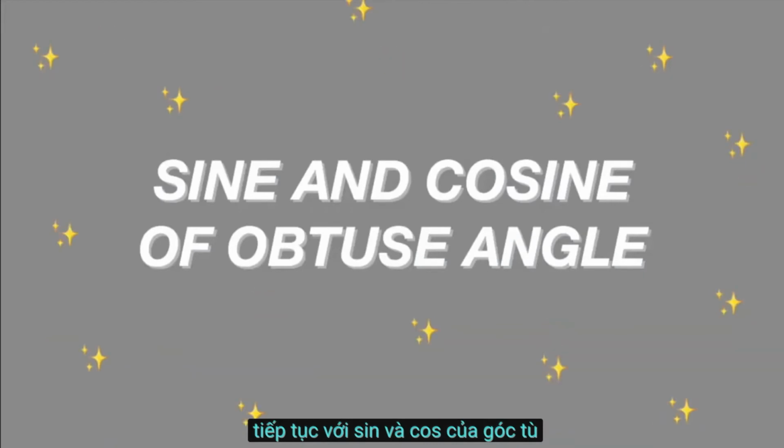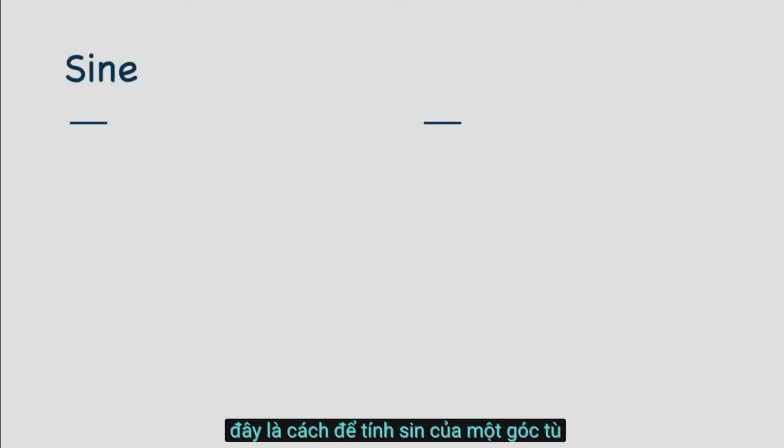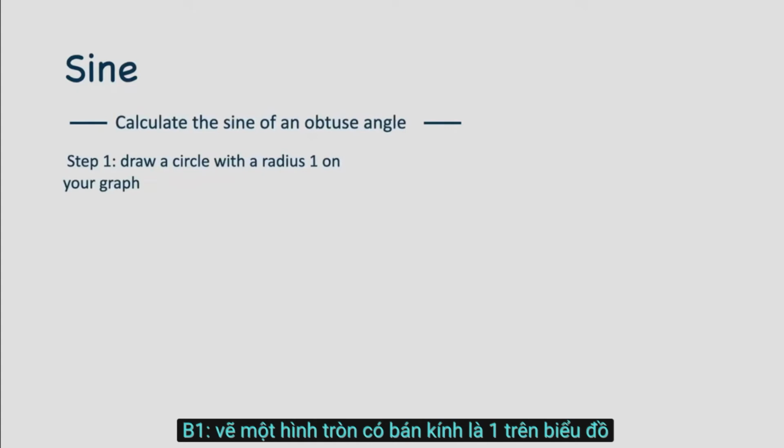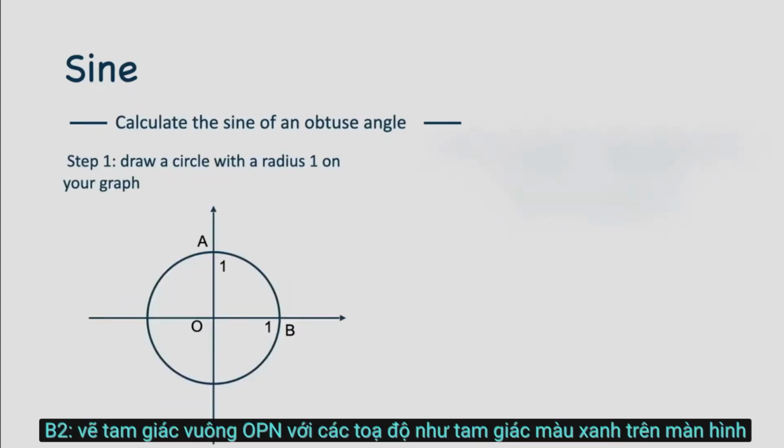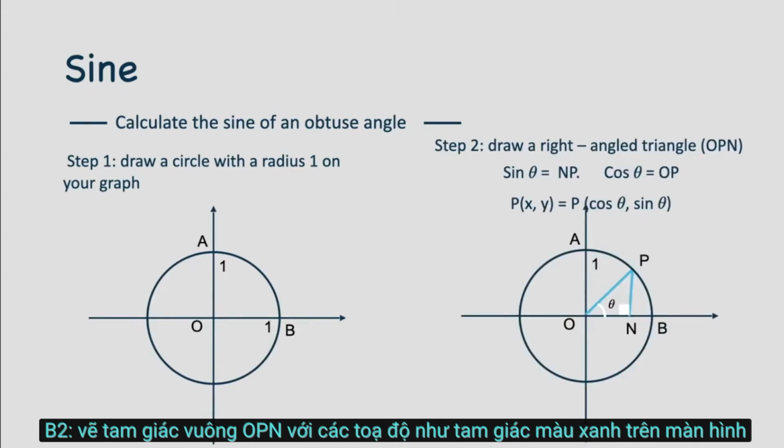Moving on now, here we'll talk about sine and cosine of obtuse angles. First, this is how to calculate the sine of an obtuse angle. Step 1, draw a circle with a radius 1 on your graph. Step 2, draw a right angle triangle OPN. Sine theta is equal to NP and cos theta is equal to OP.